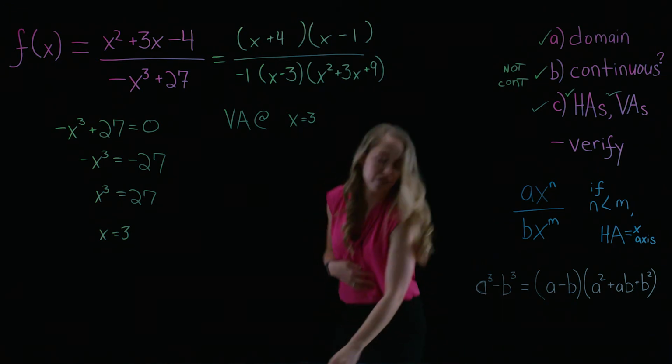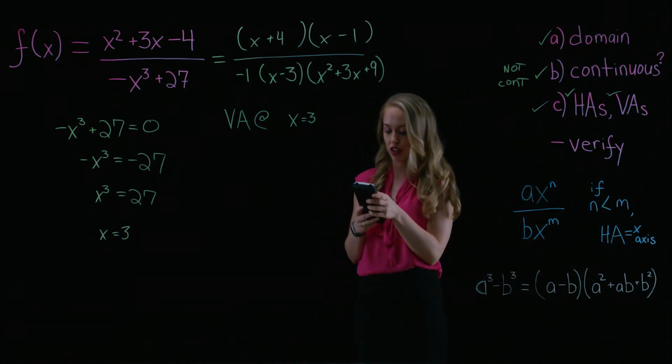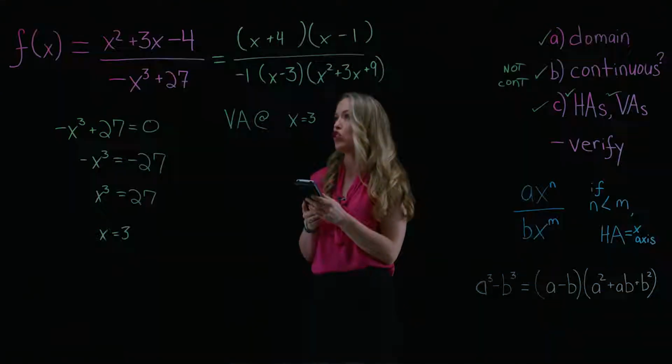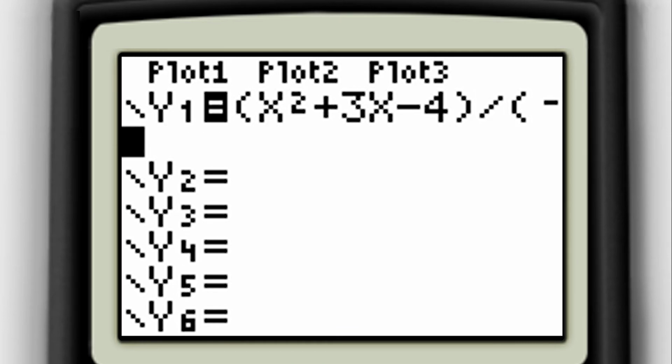So I'm going to use my graphing utility, and I will plug in the original function. Now it's really important here that I separate my numerator and my denominator by parentheses. That's a habit that I want to get into because with most problems, if that is not done, it will result in an error.